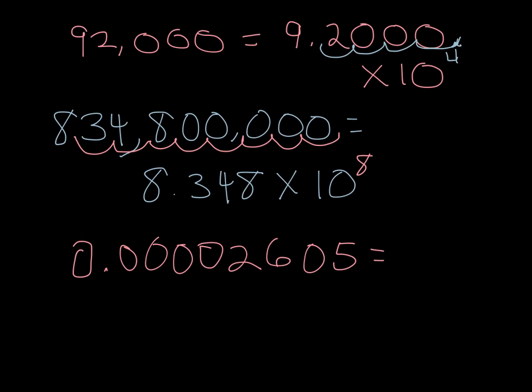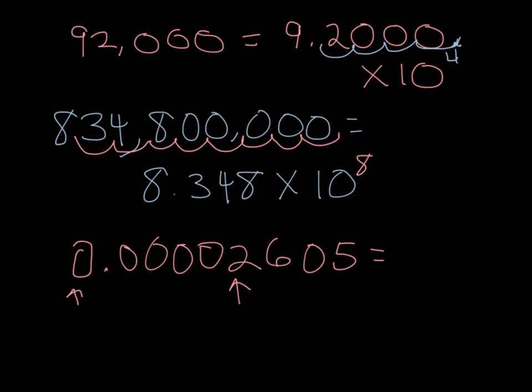We're going to put the decimal to the right of the leftmost non-zero digit. While 0 is really the leftmost digit, we don't count that. We're looking for the first non-zero digit that we get to. So 2 is the first non-zero digit, and we're going to put our decimal point to the right of that 2.